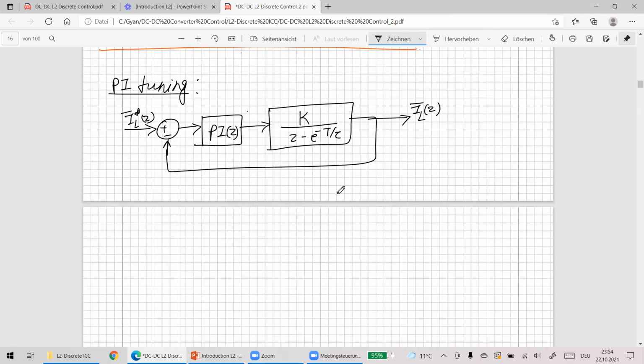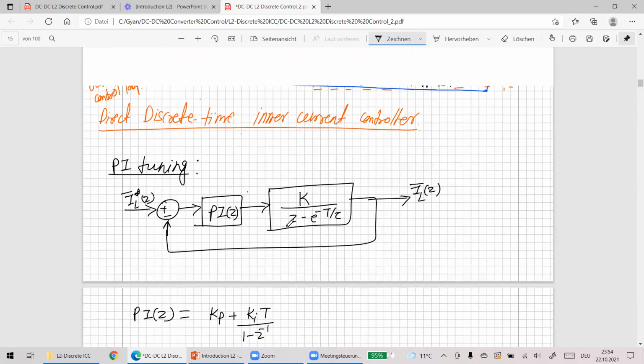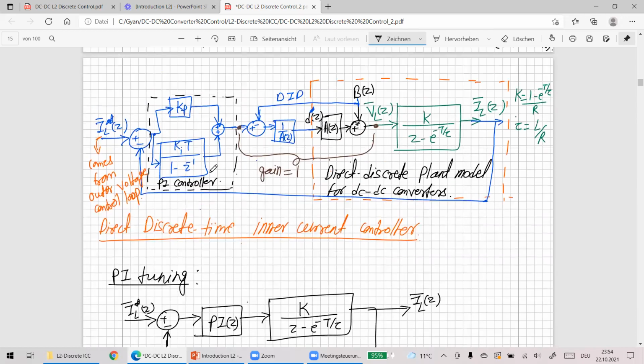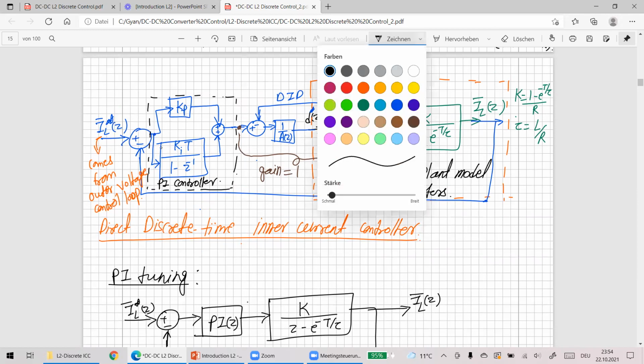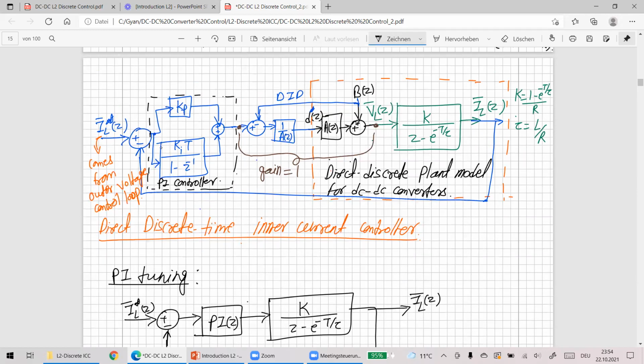Now let's find the value of PI. The transfer function of PI, we can write it like Kp plus KI T over 1 minus Z power minus 1. There is one more thing I would like to note: this integrator in discrete time domain, you can realize in various ways. I like doing it in this way. In some places, you will also see that they use Z power minus 1 in the numerator, and it does not make much difference.